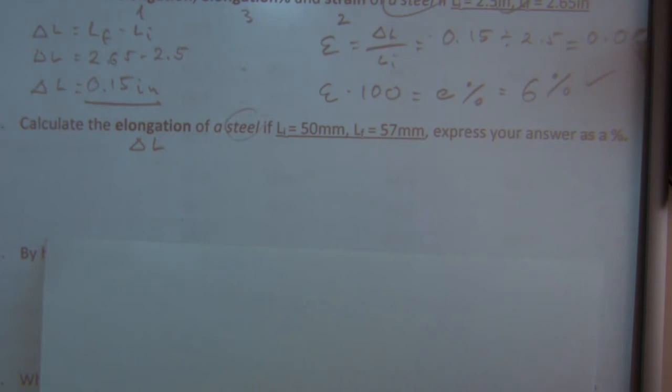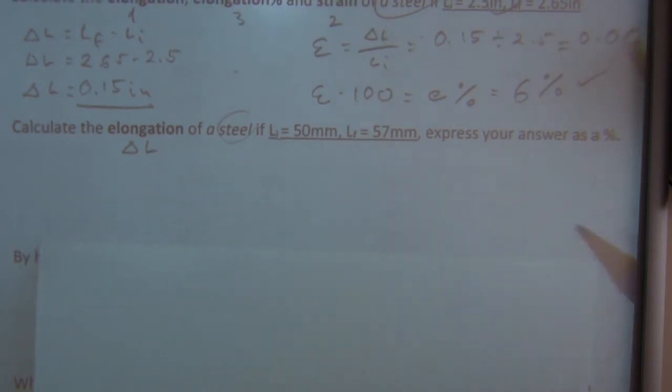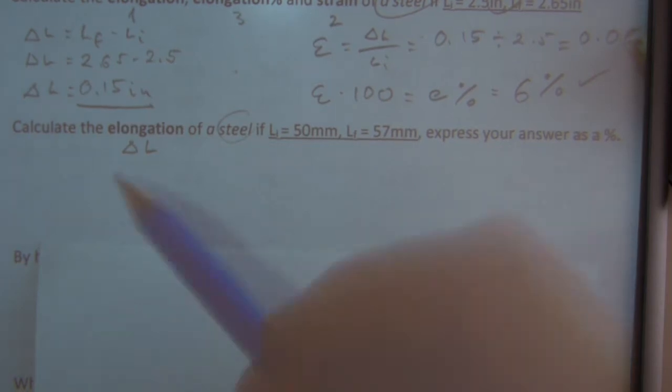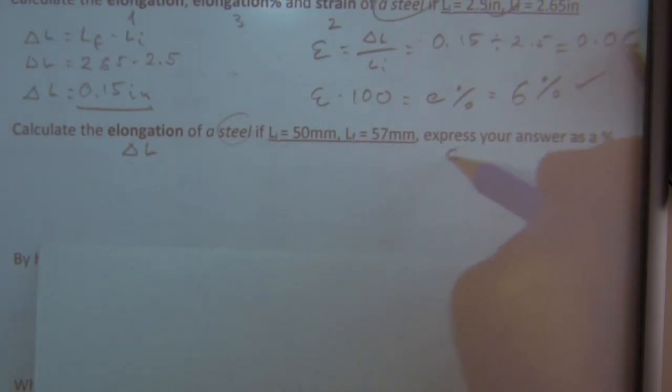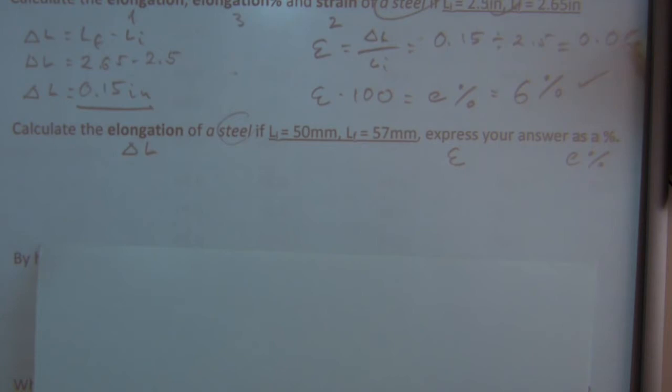What makes it more difficult than the previous one is that the requested information is less explicit. Elongation percent is mentioned, but you can only calculate it through calculating strain. Strain is nowhere near listed, but you have to calculate it before you can calculate this.